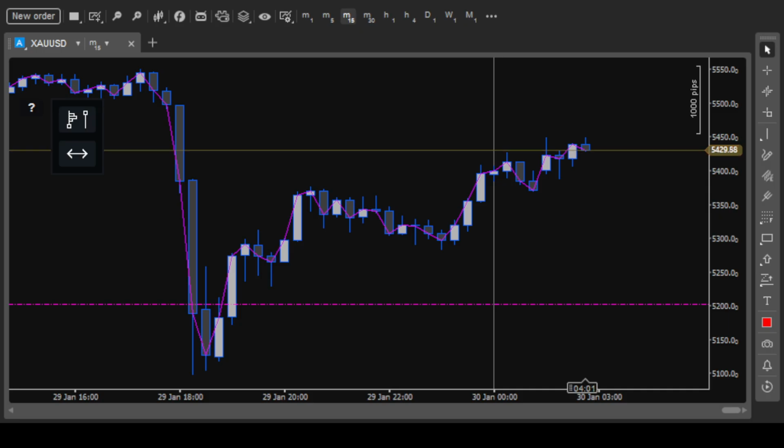Bang. And it's hard because the ranges are huge at the minute. Like that's a 90 pip candle.